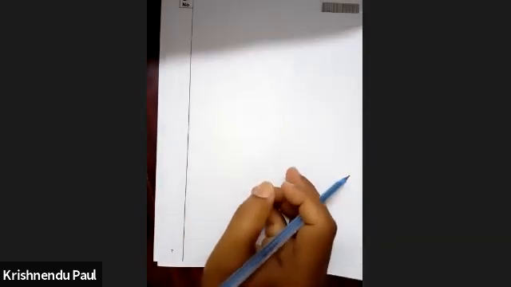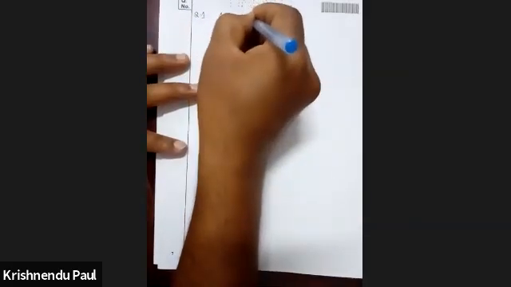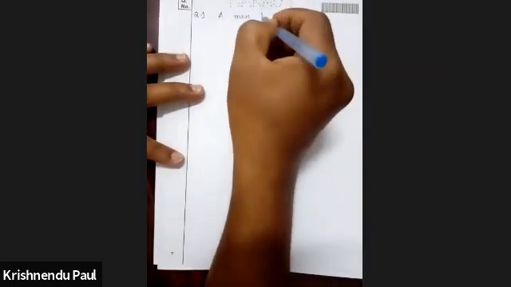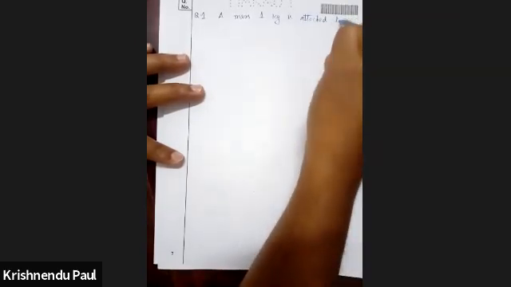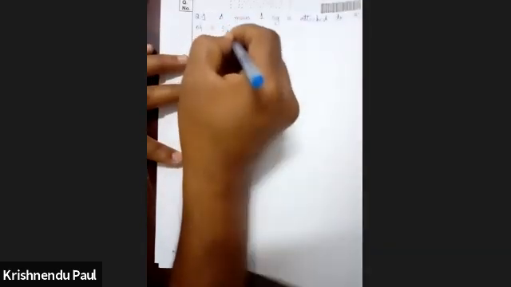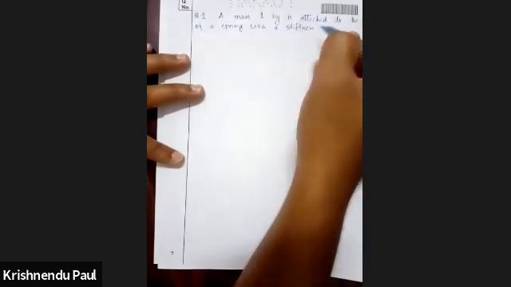Write the question. A mass of 1 kg is attached to the end of a spring with a stiffness of 0.7 kilonewton per millimeter.